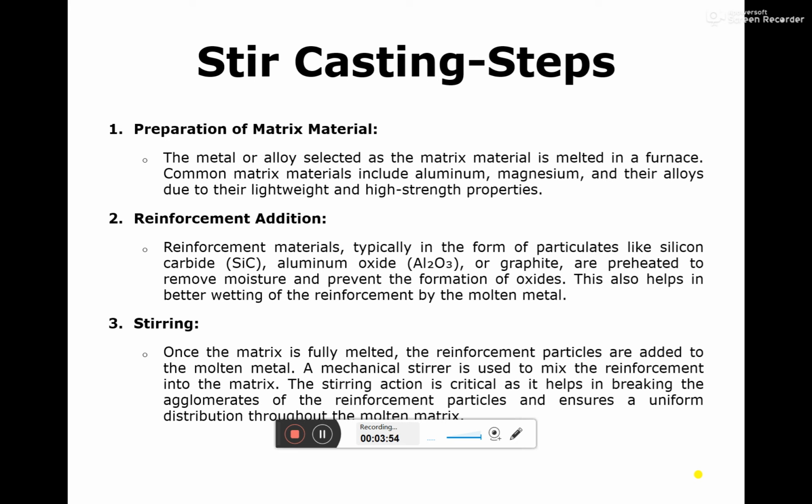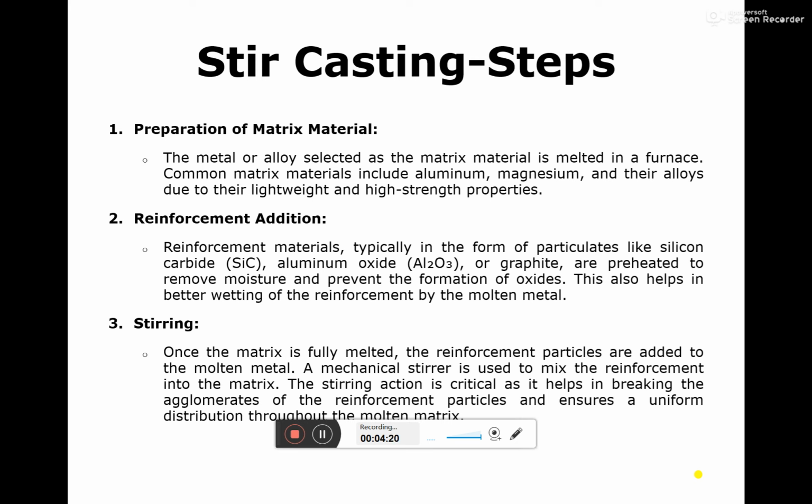Before adding these particles into the molten material, the reinforcement particles will be preheated to remove the moisture and to avoid the formation of oxides during the process.